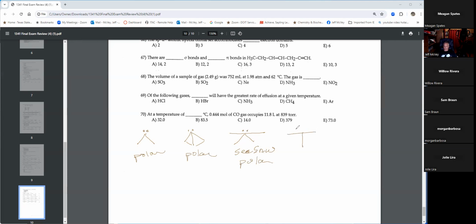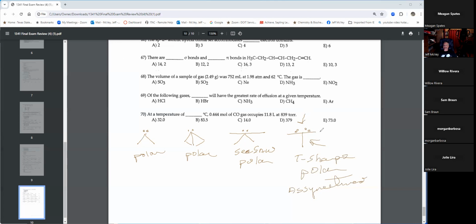T-shape, which has two non-bonding pairs on a trigonal bipyramidal electron geometry. This is T-shape. Polar. When I say asymmetrical, I'm just saying one side doesn't look like the other side. This side is radically different from this side.